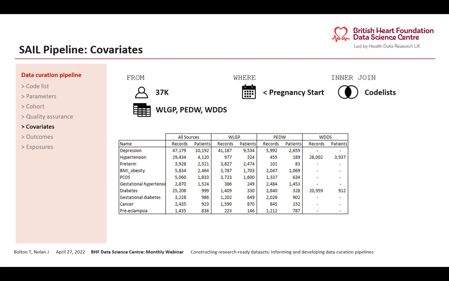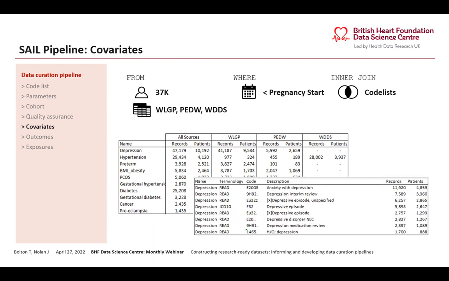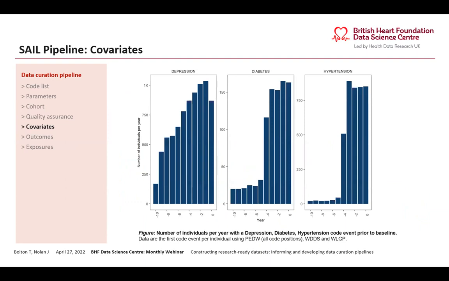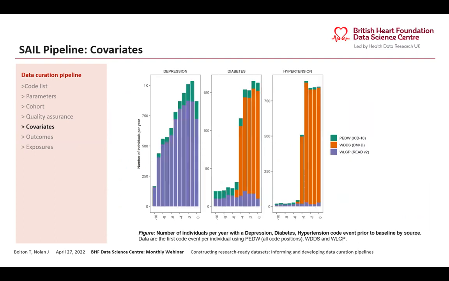The same outputs are built into the pipeline, as Tom has already shown us from NHS Digital. So a summary of which sources cases are being identified from for each covariate, and also a code level summary. Similarly, there are plots to show how far back in time before the baseline date we are looking to identify covariates, and to show which sources they are being picked up in.